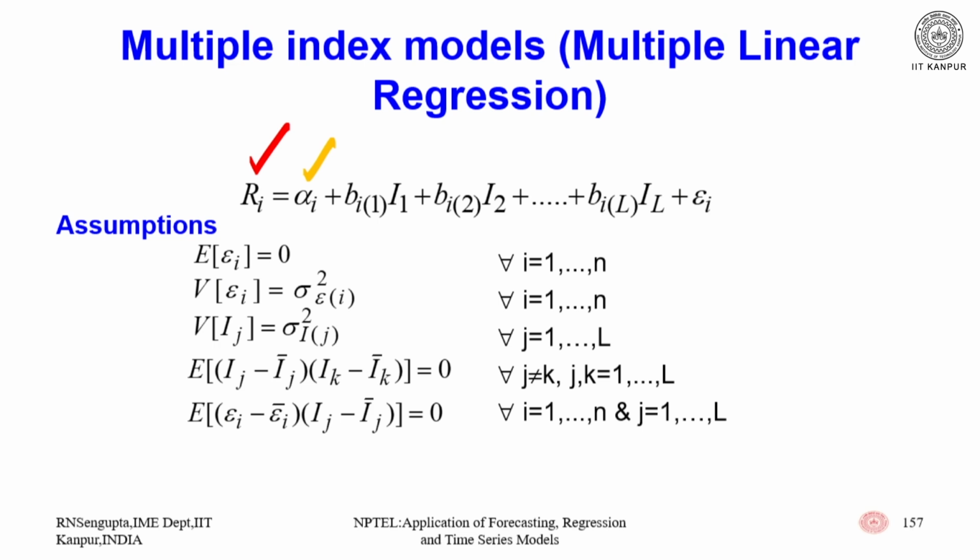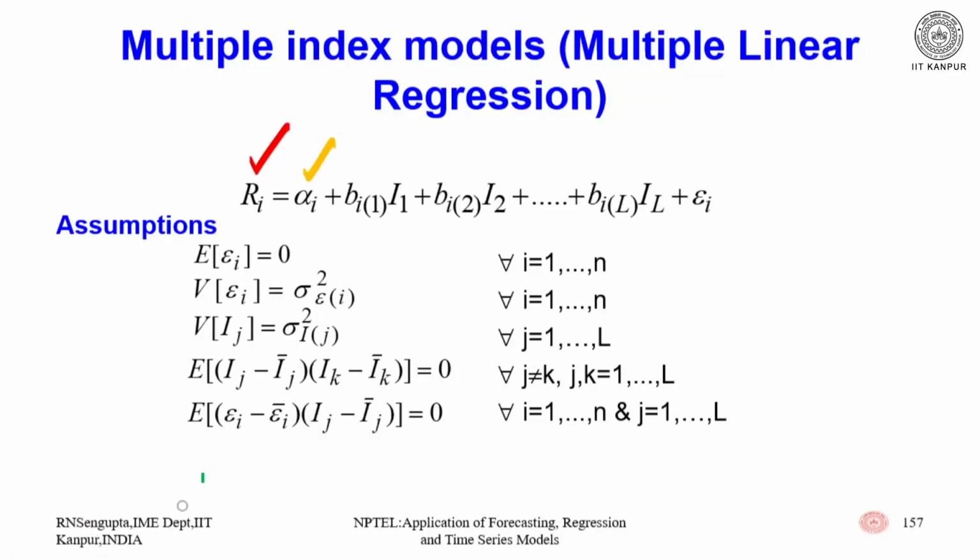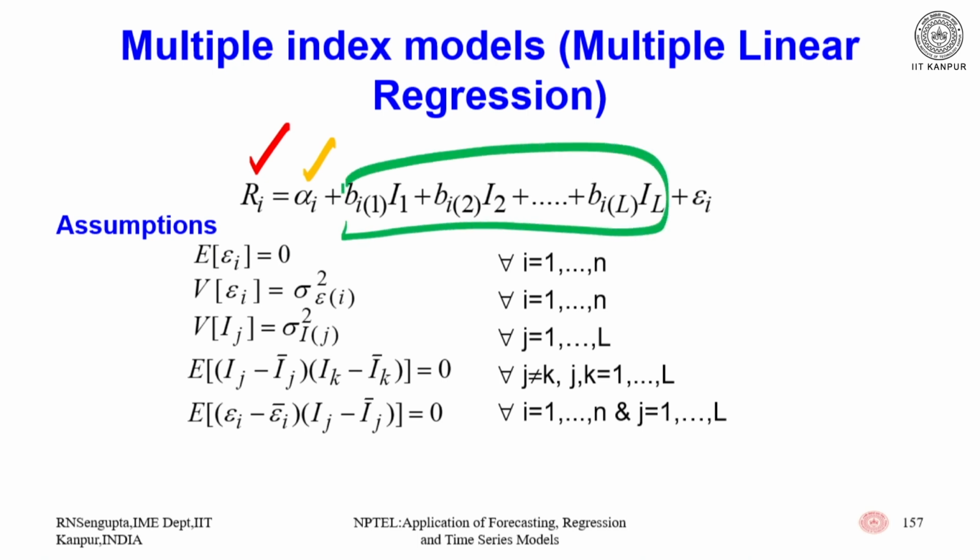It goes on, if there are k number of terms, the second last term would be beta k into xk, and the last term would be the error. So beta 1 into x1 plus dot dot dot till beta k into xk, the terms are these. And the last term, as I mentioned, is the error.